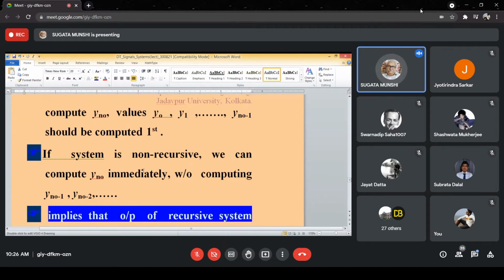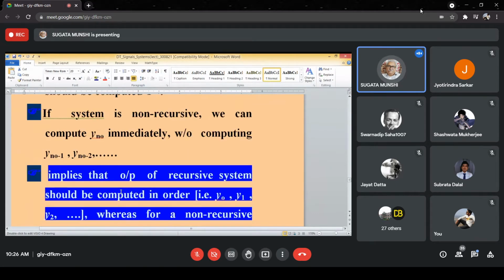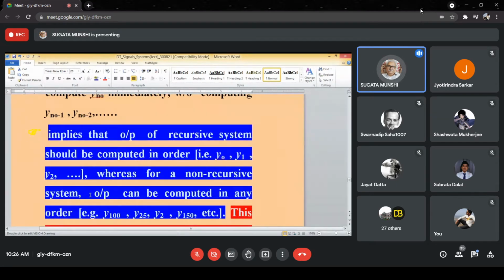Because all samples x[n] for all values of n are already present and their values are known to you. So that is the implication.